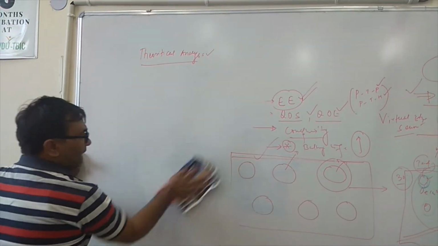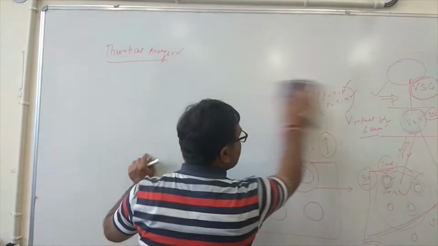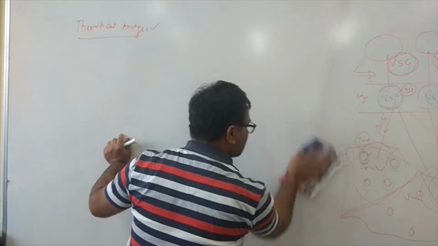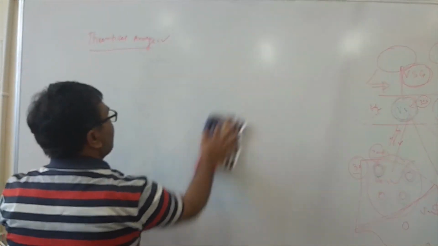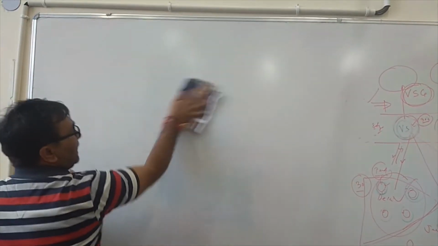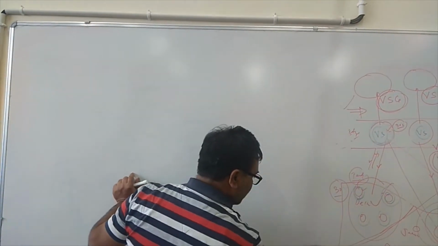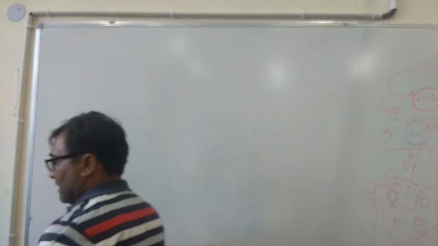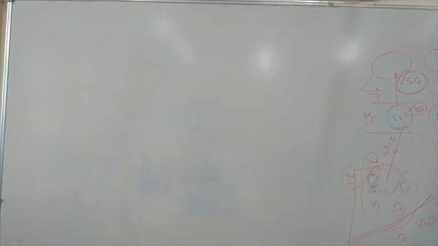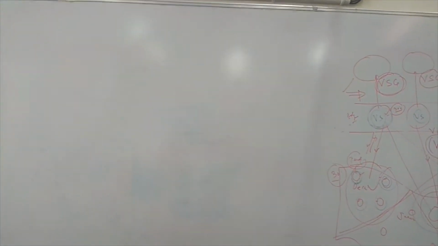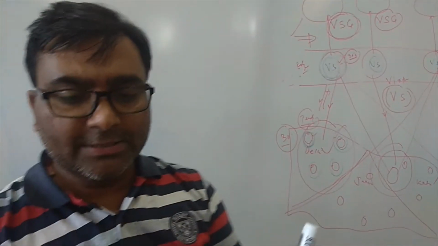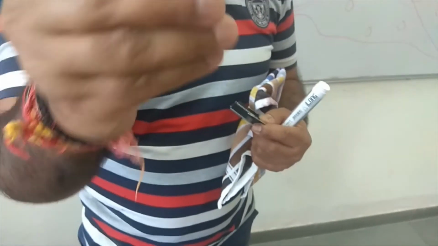Again, there are two parts. One part is your sensor part, and the second part is your user interface part, right? So first I will explain this part. Let us see. You are all aware of this.